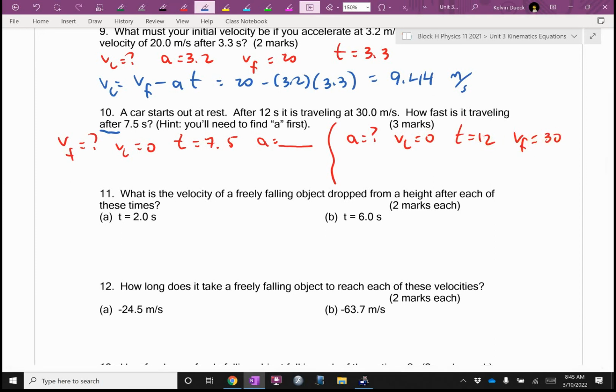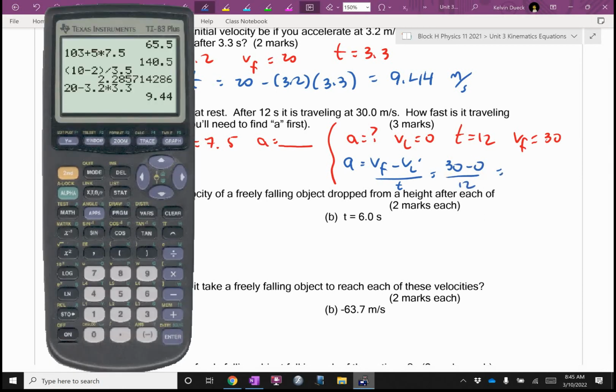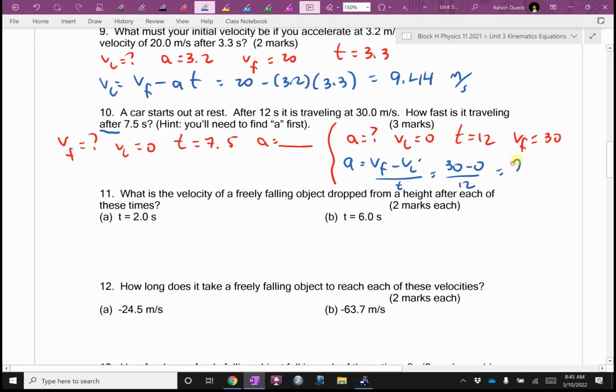I can use Diego's equation, A equals VF minus VI all over T. 30 minus 0 all over 12. Do that in your head. Divide by 6, divide by 6. It's going to be 5 over 2. Is it 2.5? It is. Okay.